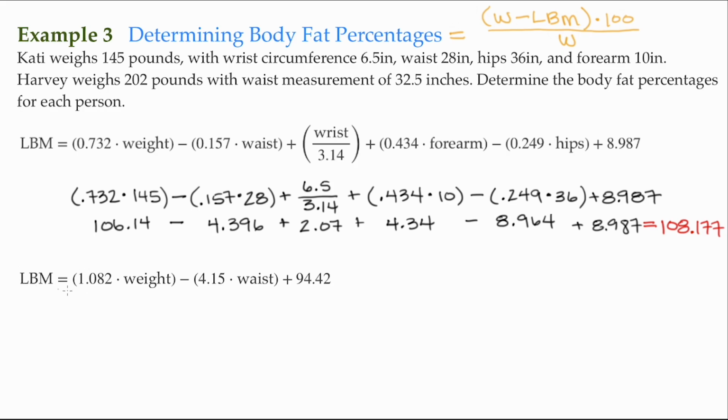We do the same thing for Harvey. 1.082 times his weight. His weight is 202 pounds. Minus 4.15 times his waist, and his waist is 32.5. And then we have this constant, 94.42.